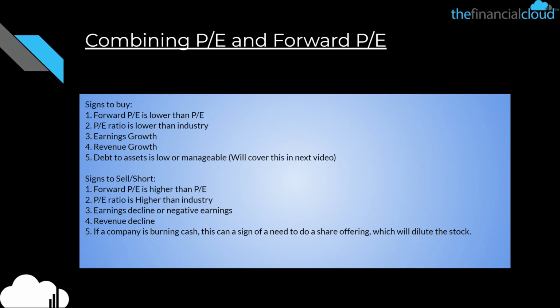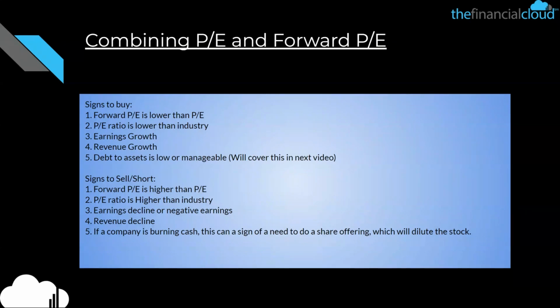So if the forward PE ratio is higher, this can be seen as earnings slowing down and growth slowing down, or there could be a whole bunch of reasons for it, increase in expenses, things like that. So you also want to see if the PE ratio is higher than the industry, and you want to look at, like I said, earnings decline, negative earnings, revenue decline.